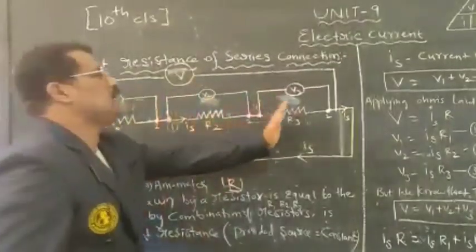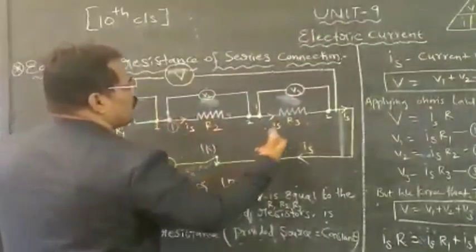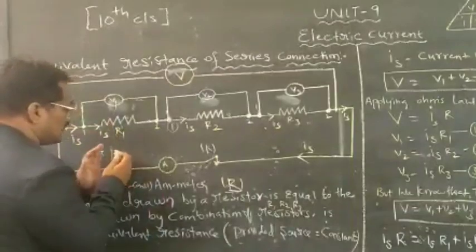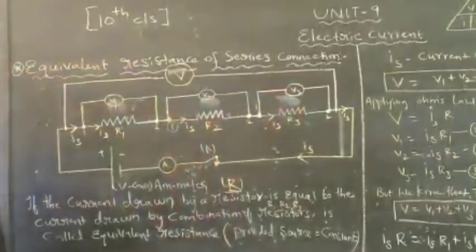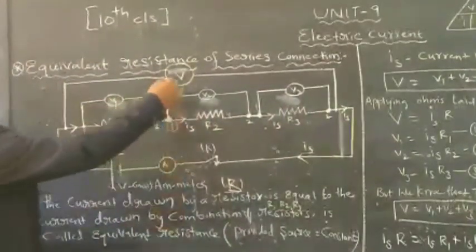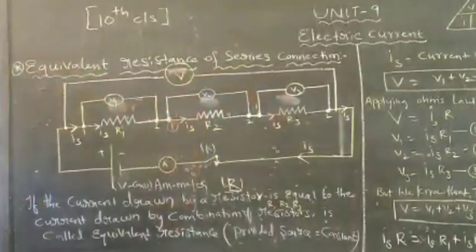Different voltages can be shown by resistance wires R1, R2 and R3, such that the total potential difference is equal to the sum of the individual potential differences.